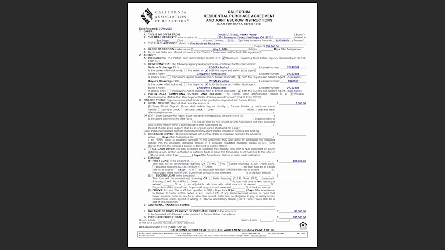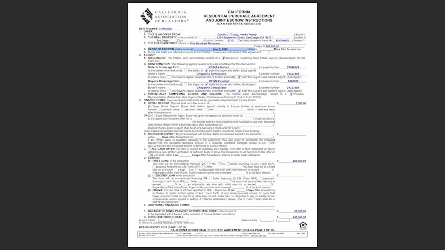Now, item number D is something that you want to pay very close attention to. You have the option for a close of escrow period to be on a specific date or days after acceptance. Now, it's pretty common in the state of California, especially in Southern California, to see people use days after acceptance, and they fill this in with a 30-day escrow or a 45-day escrow.